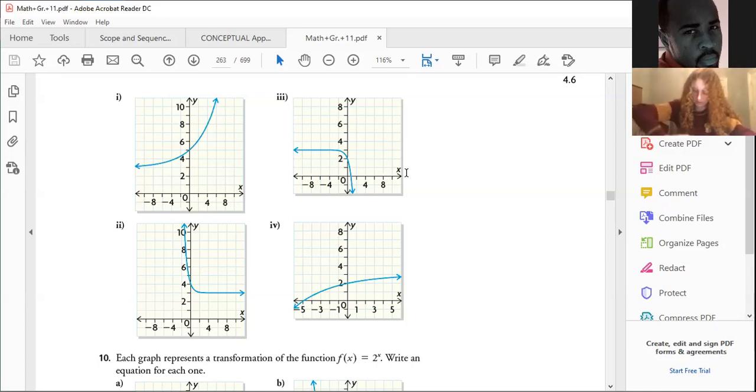Then I flip that over, which gives me a growth. And I flip that over again, which gives me a decay. So draw the parent function first. Or just plug the values in. There's no strategy that is set in stone here.